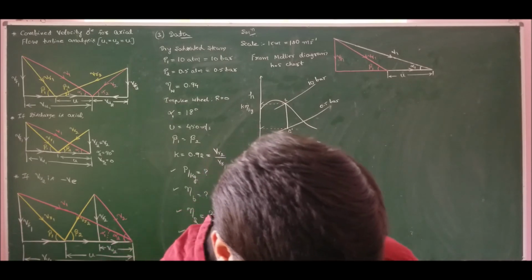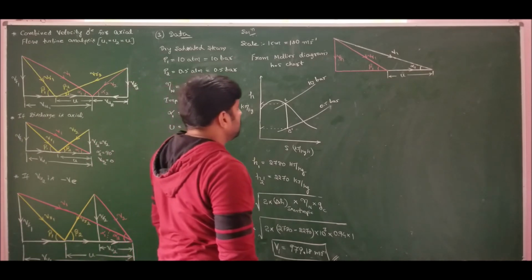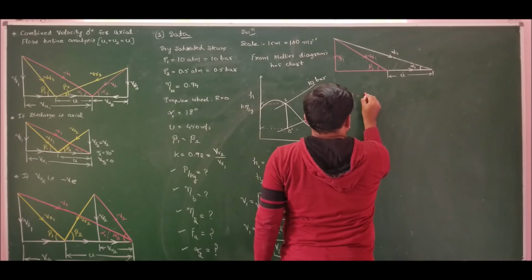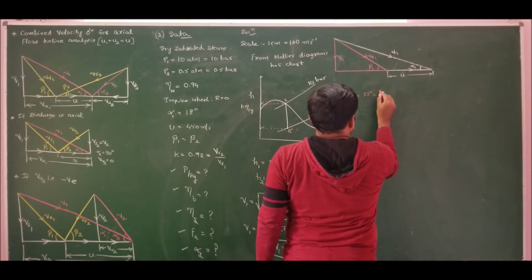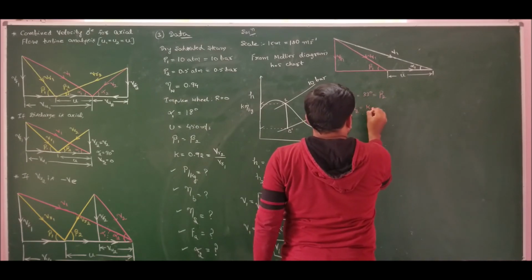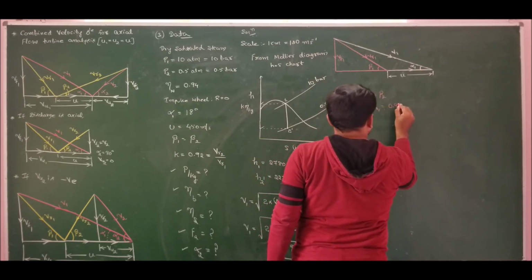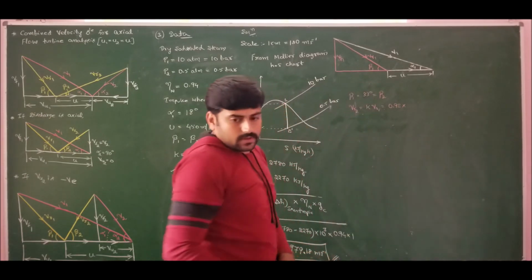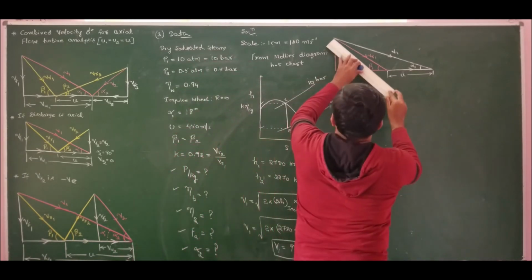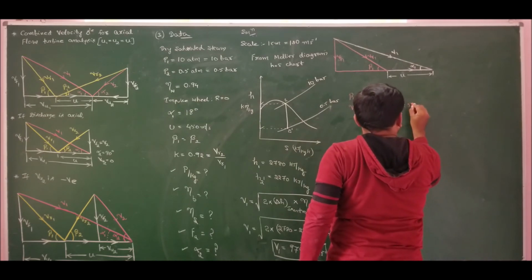He has given the value of VR2 as 0.92 times VR1. Beta 1 we got as 33 degrees, which is equal to beta 2. Now VR2 is equal to K times VR1, which is 0.92 times VR1. If I measure VR1, I am getting 580 meters per second.